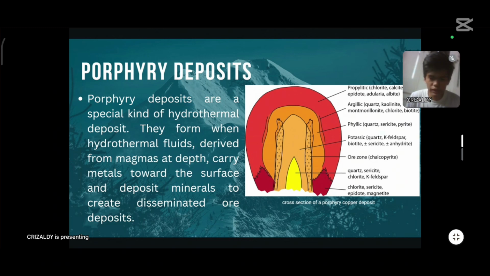Ito yung example ng isang porphyry copper deposit. Ito yung parang hydrothermal fluid itong image na to, and kada depth niya may iba't ibang minerals or metals na dinadala siya. Nakadepende siya sa lalim or sa init ng magma. Like dito sa baba may chlorite, epidote, magnetite, sa taas quartz, ganun, and others.